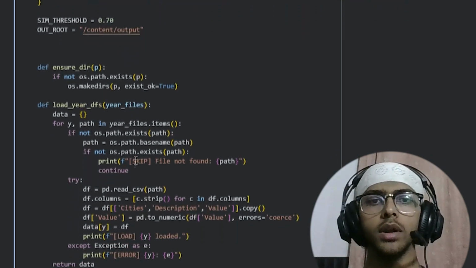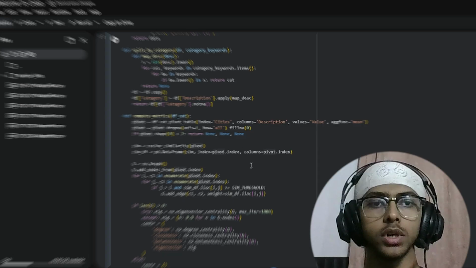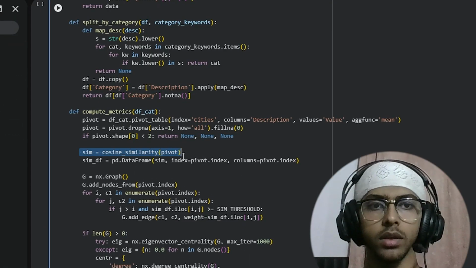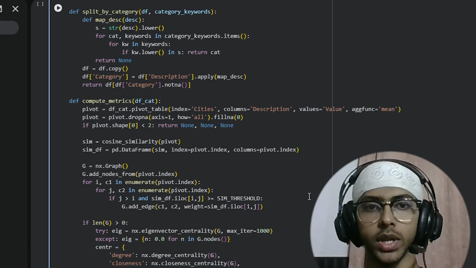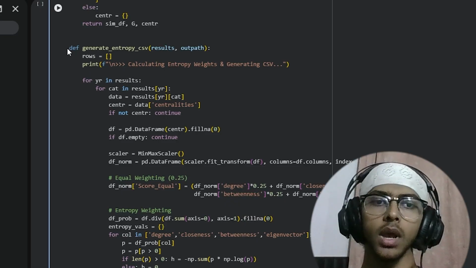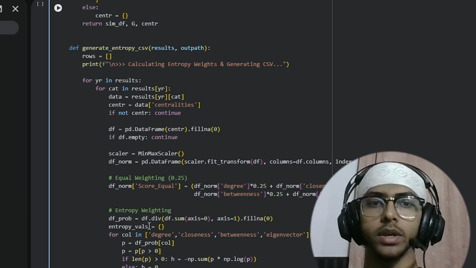Once the graphs were built, we needed to measure influence. We calculated four centrality metrics for every node: degree, closeness, betweenness, and eigenvector centrality. However, a single metric is often misleading.